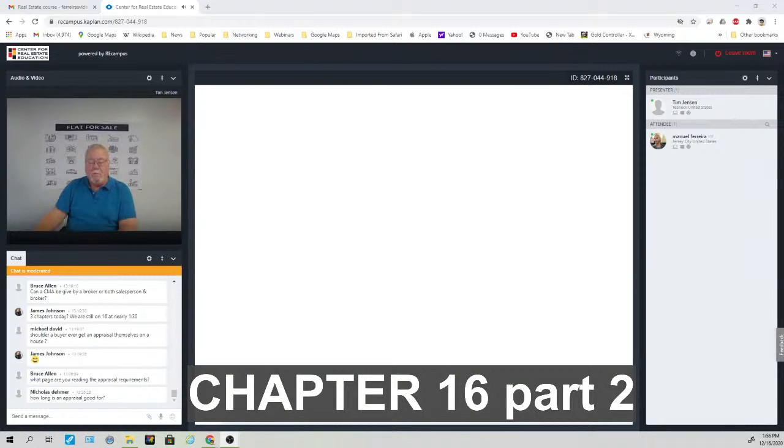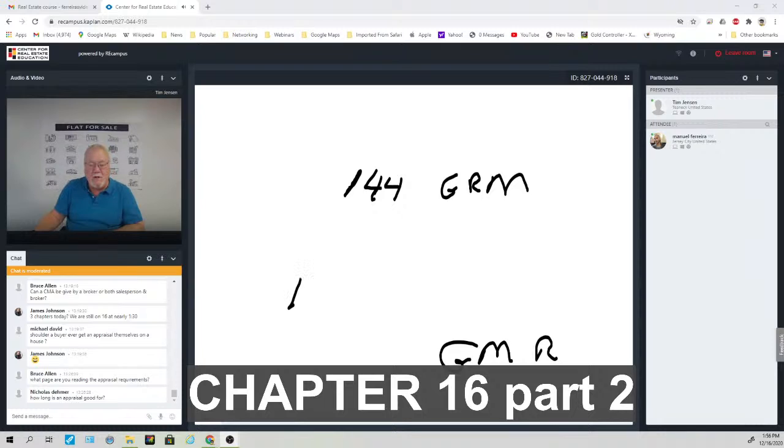So the property has a gross rent multiplier of 144, right? That's the gross rent multiplier. So what's the number we need to use when we're using a gross rent multiplier? Well, I need to determine the gross monthly rent. So 16,800, right?